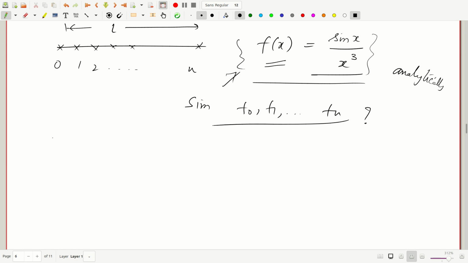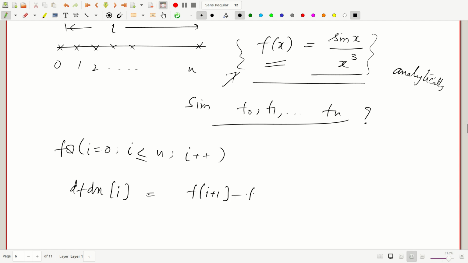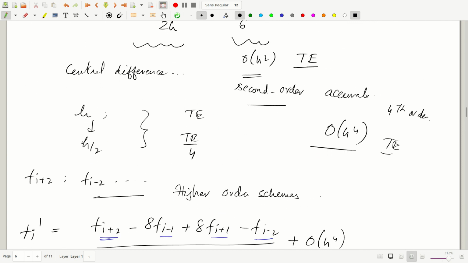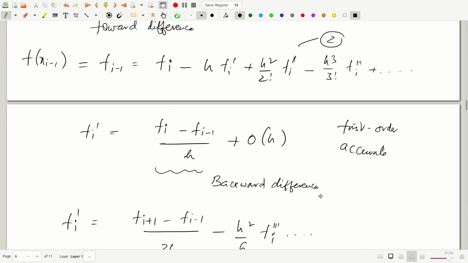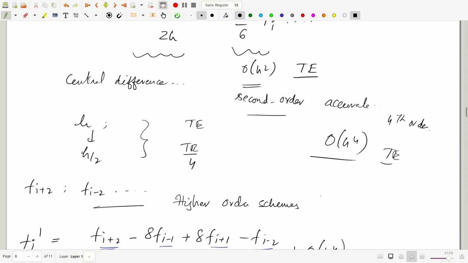All you have to do is have a loop, for i equal to 0, i less than n or less than or equal to n, i plus plus. And then you have df dx of i, one array, which would be equal to, let us say if I use the forward difference formula, f of i plus 1 minus f of i divided by h.